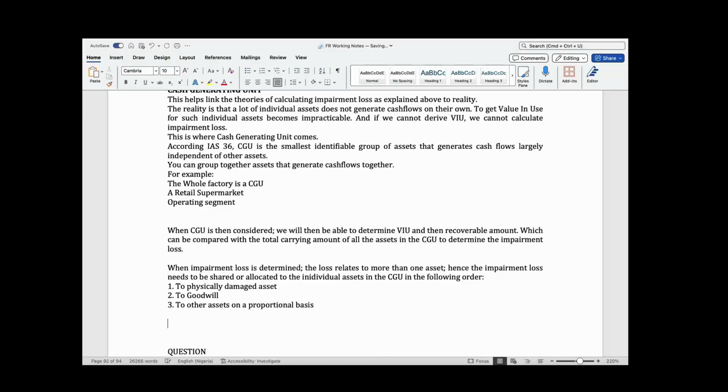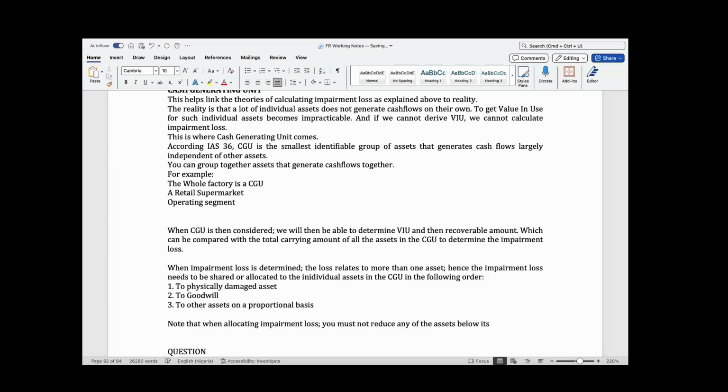Note that when allocating impairment loss, you must not reduce any of the assets below its recoverable amount individually if you can.